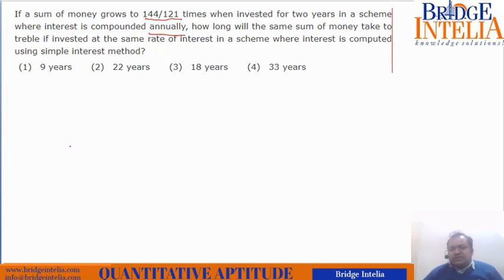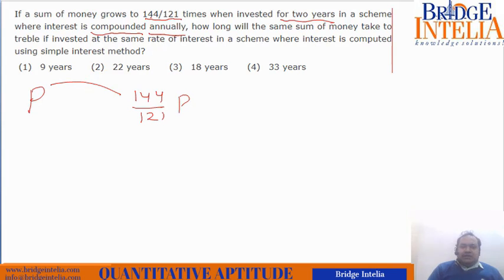So the meaning of the question is that in the first case, a certain amount was deposited in a scheme of compound interest annually, and it was observed that in 2 years the amount became 144 by 121 times of itself. So amount P became 144 by 121 P.